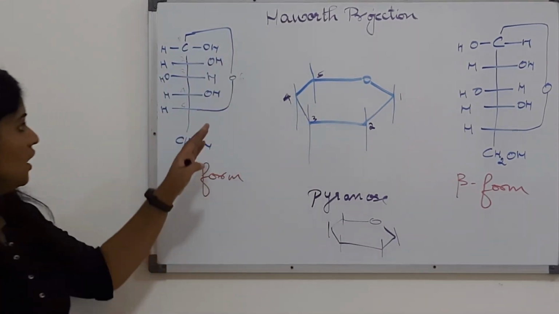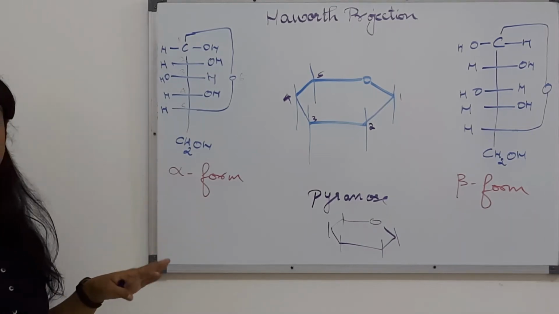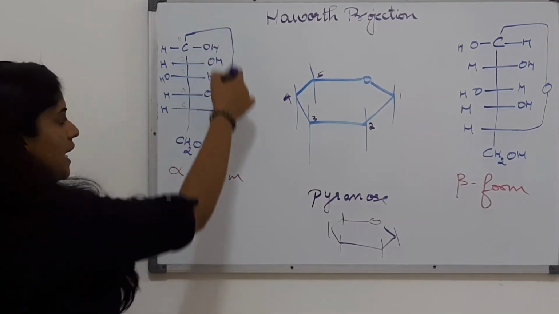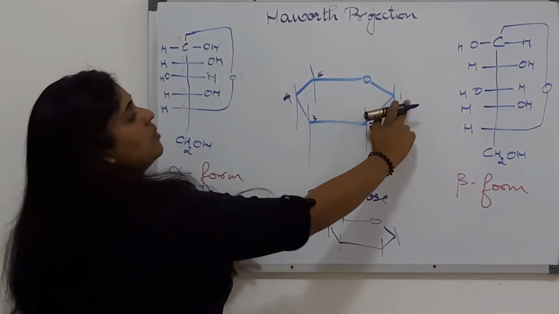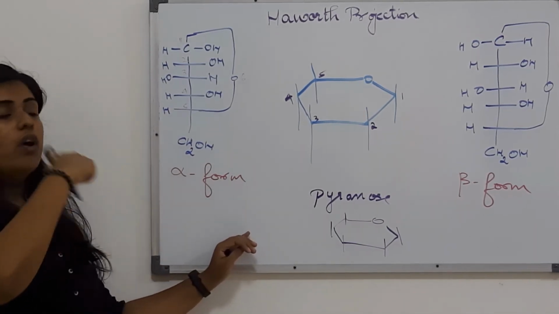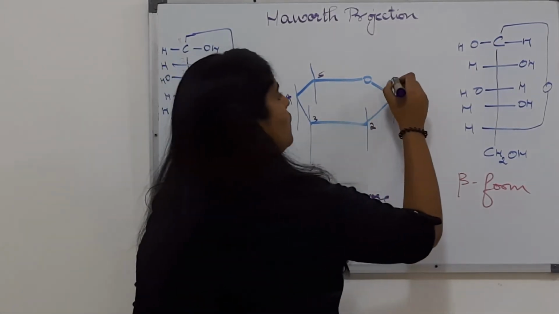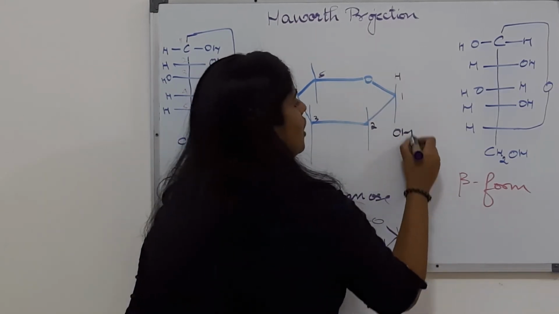The groups on the left-hand side would be written on top and the right-hand side ones would be written at the bottom. So the first carbon atom, this is my C1 and this is my C1. It has H and OH. H on the left, OH on the right. So the left one comes on top: H comes on top, OH comes at the bottom.